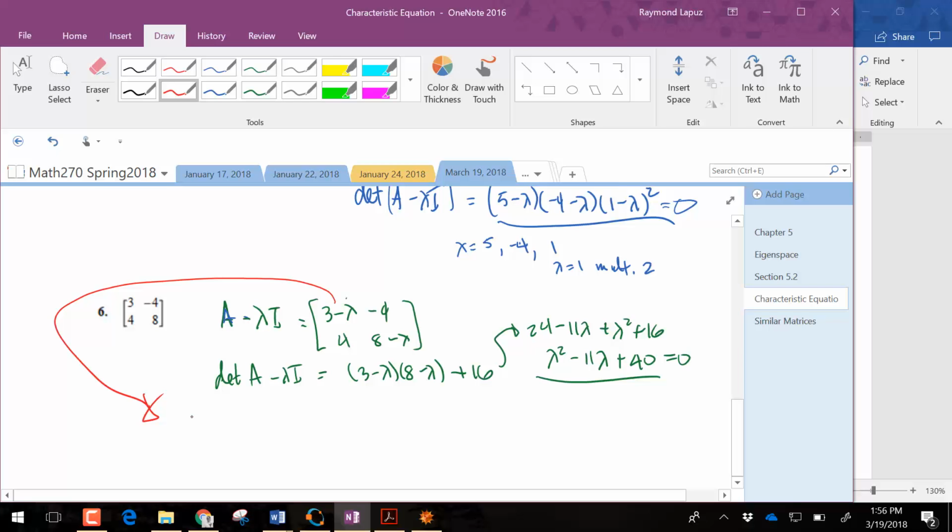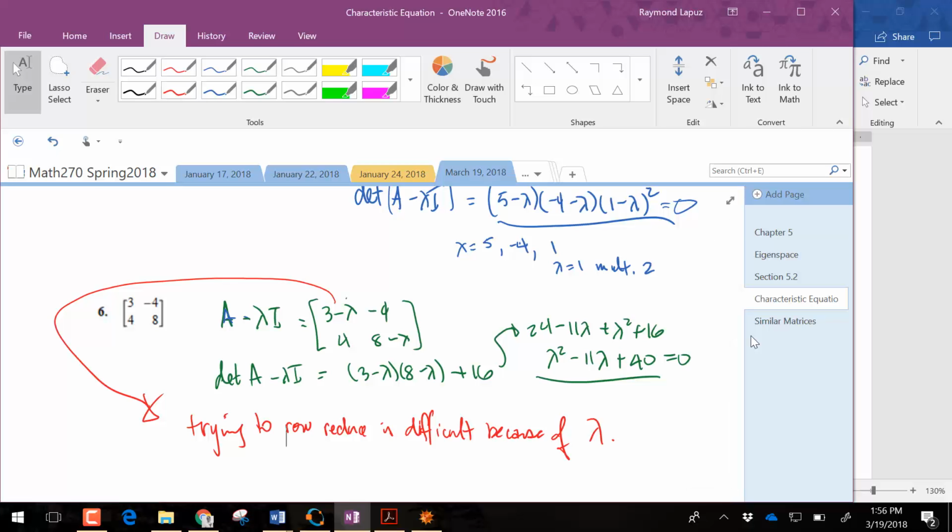So trying to row reduce would be difficult because of lambdas. So if we know what lambda is, then finding the determinant would be easy. But if we know what lambda is, we probably don't need to find the determinant. No, because then the matrix would be different.